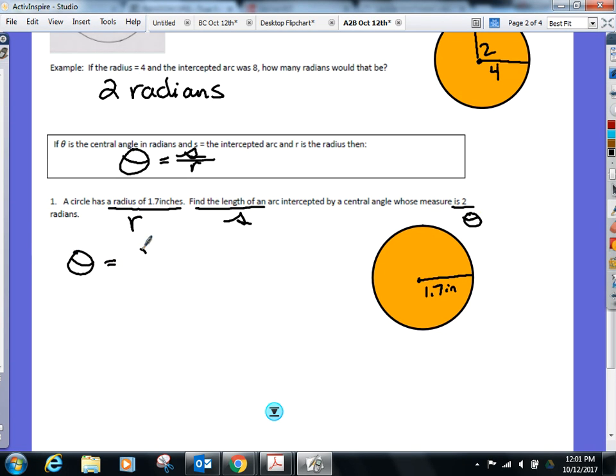So here we go. Theta equals S over R. Theta, you told me, was 2 radians, so I plug in 2. S is the arc length. That's what I'm looking for. R is 1.7 radius length. I just need to know how you guys are going to solve these today.